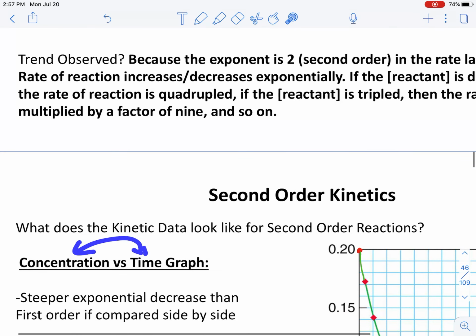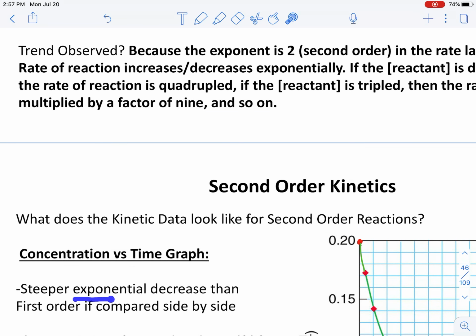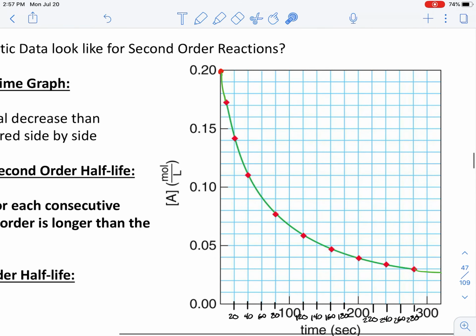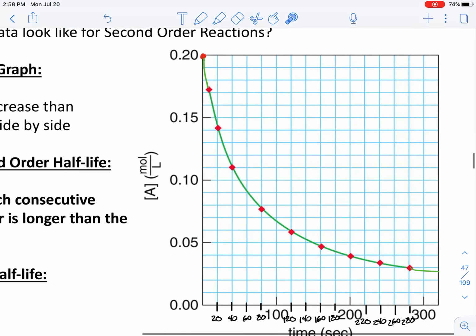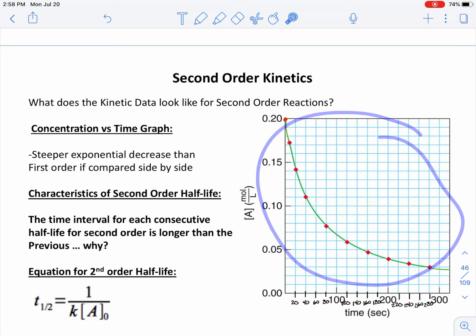It turns out that if you plot a concentration versus time graph for second order reactions, you still get an exponential decrease very similar to first order. However, it is much steeper than first order graphs where concentration is plotted against time. So go ahead and take a mental shot of how this graph curves.